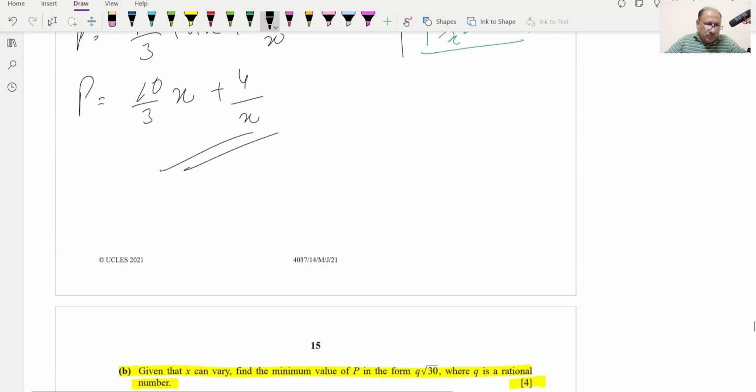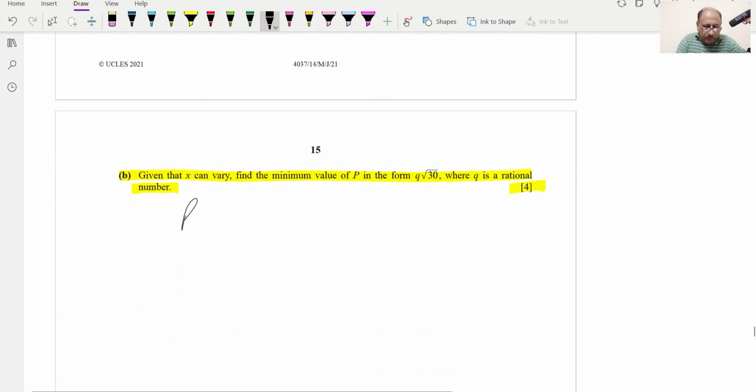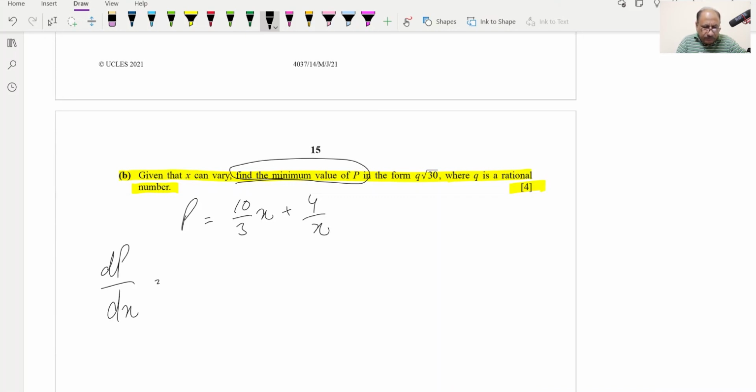This one, P is equal to 10 over 3 x plus 4 over x. So I'm copying the same 10 over 3 x plus 4 over x, and we want the minimum value for the perimeter. So for the minimum value we will be finding dP over dx, the derivative of P with respect to x.